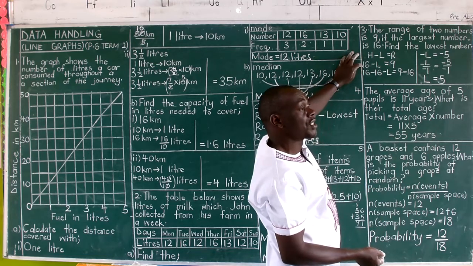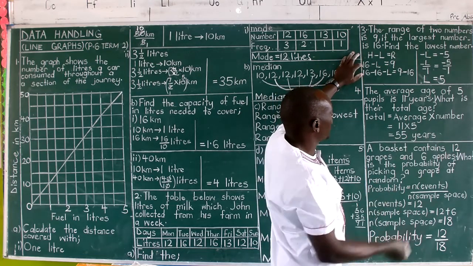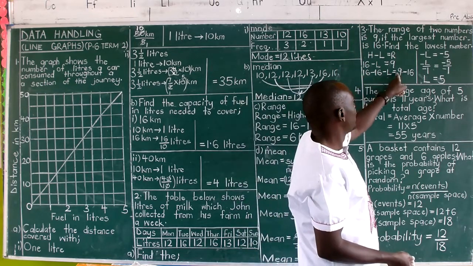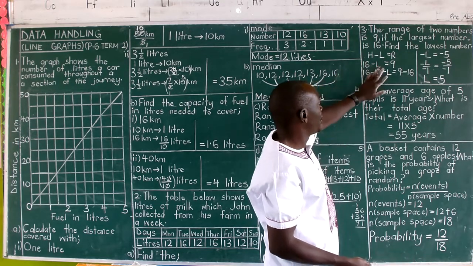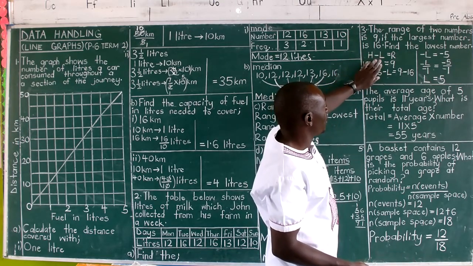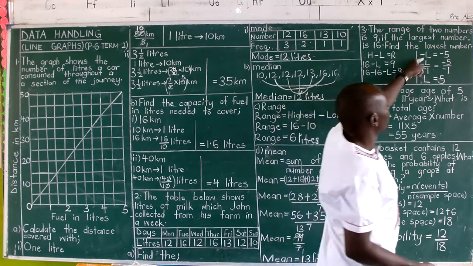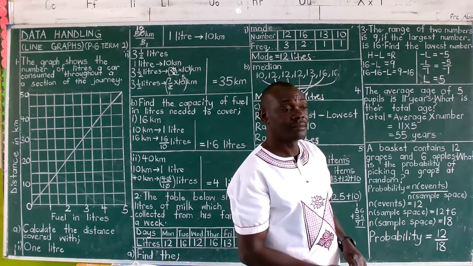So we are going to subtract 16 from both sides to make it go to the other side. So 16 minus 16 minus L equals 9 minus 16. So you have 16 minus 16, which is 0. It's no longer on this side. So this side will remain with negative L. So negative L equals 9 minus 16.